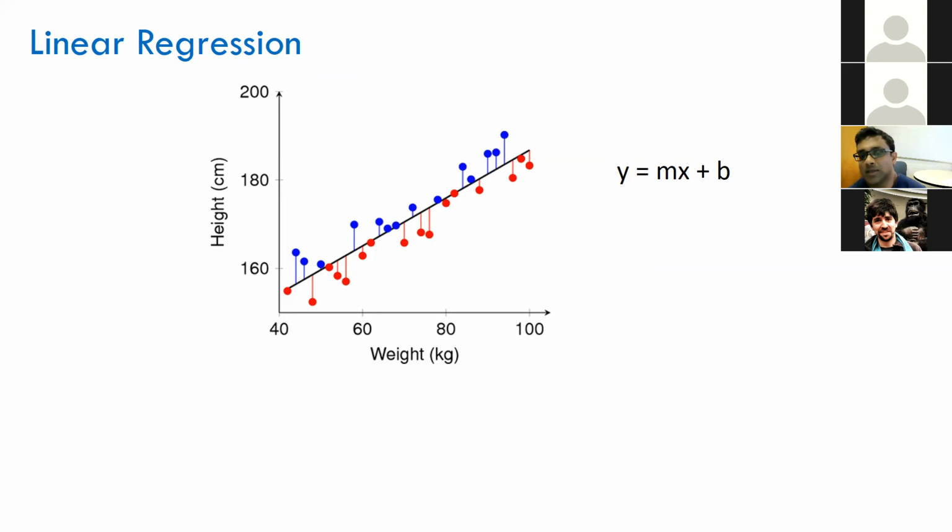So you have the x and y. Based on x and y data points, you plot the line of best fit, which is this line, based on your data points, and then it makes a model, the most simple model called y equals mx plus b.